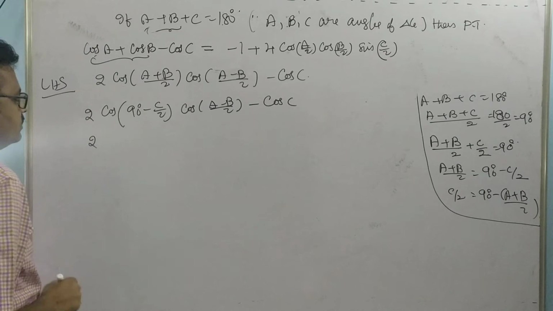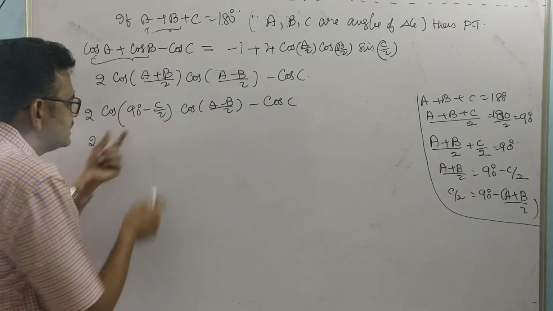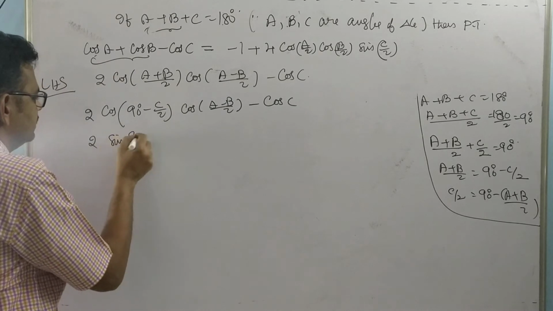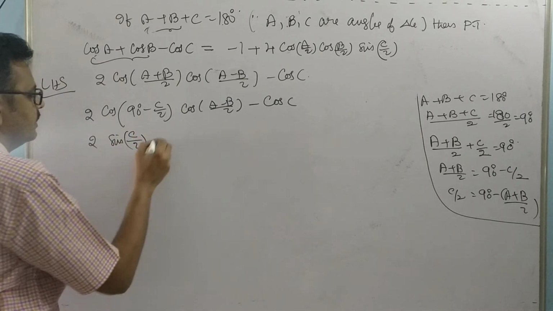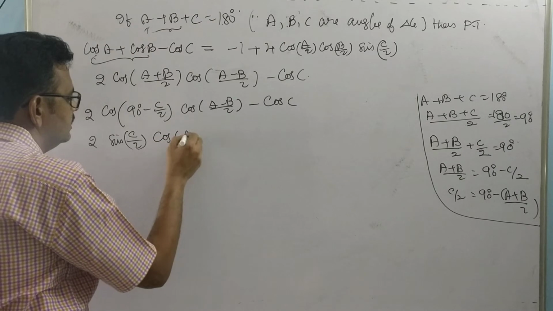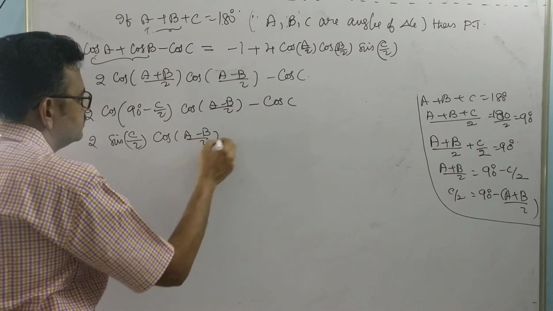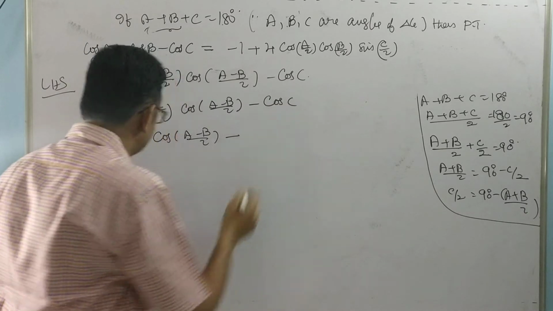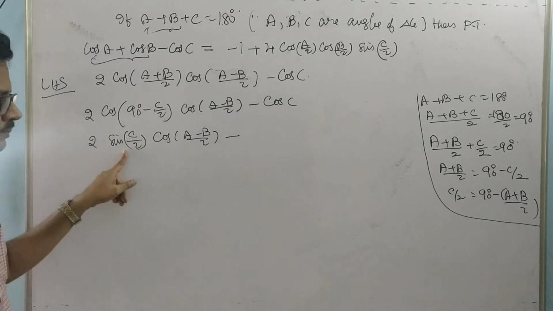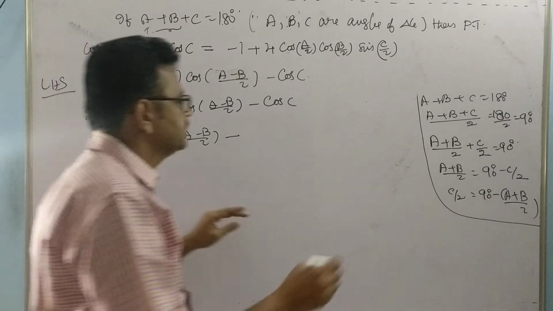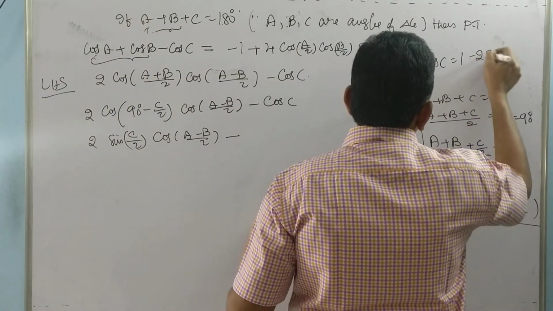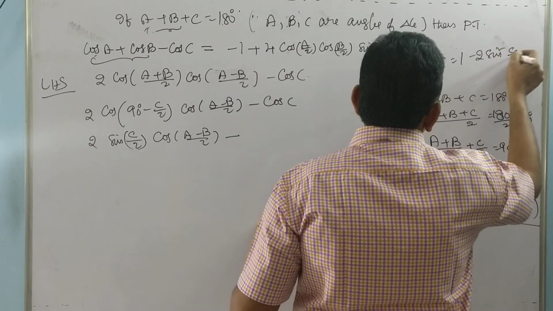So this is 2 into cos of (90 minus theta), which equals sin theta. So this is sin C by 2 into cos of (A minus B) by 2 minus. Now we have to decide cos C in terms of sin C by 2. Cos C is equal to 1 minus 2 sin square C by 2.